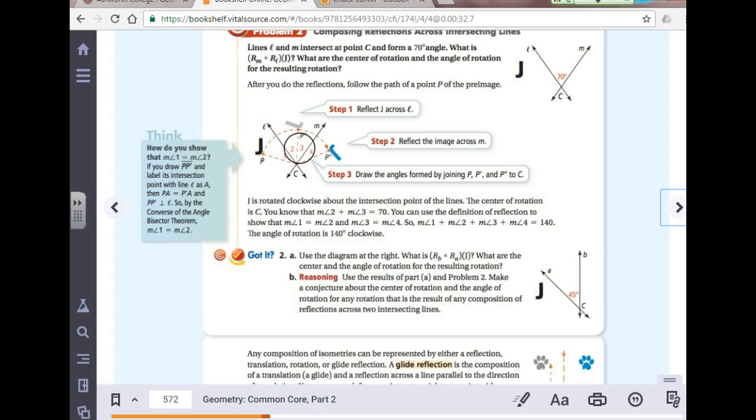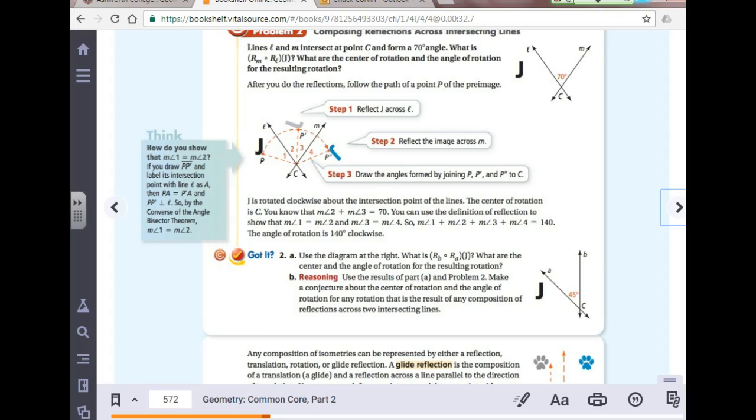So that would be 70 right there, and half of 70 and half of 70 for a total of 140. What you're going to find to be true always is that the total rotation is going to be double whatever the angle was where the two lines meet, and the point of rotation is going to be where the two lines cross.